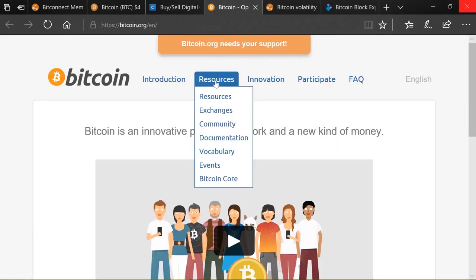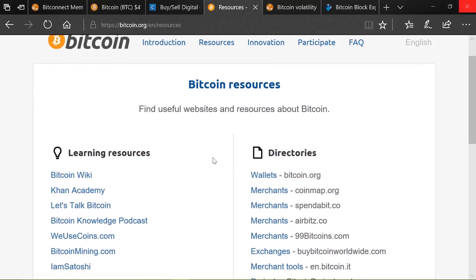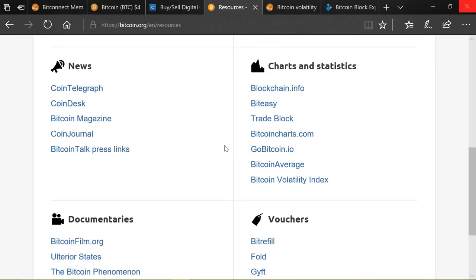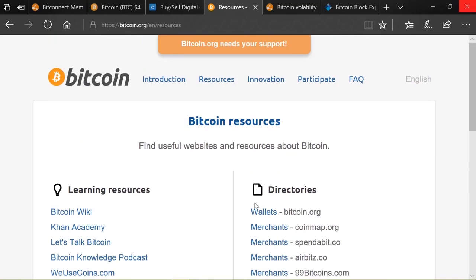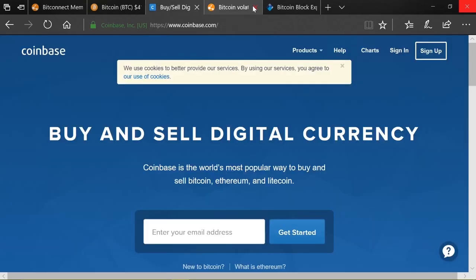if you go to resources, you should be able to find somewhere where you can download a wallet. On bitcoin.org, there are areas where you can download wallets. There are various different ones you can read up on in your own time, and we will be doing another video on these types of wallets.